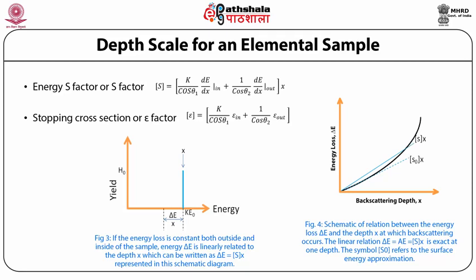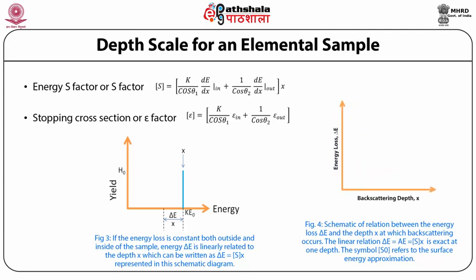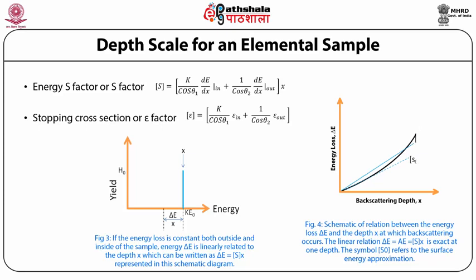In terms of the stopping cross section, or epsilon factor, this can also be written as ε = K/(cos θ1 ε at the inward path) + 1/(cos θ2 ε at the outward path).